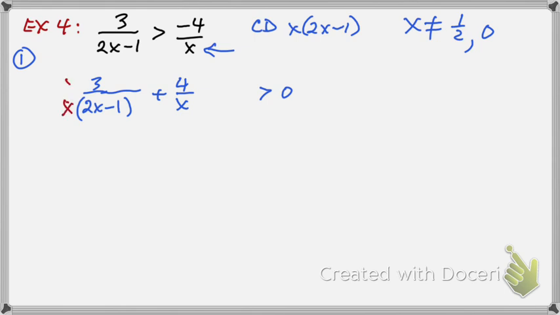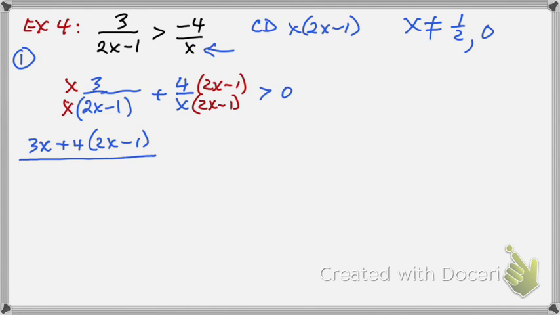So x. And the 4 over the x in the second term there, I need to multiply by 2x minus 1. It's not that it's hard, it's just there's a lot of little details you got to keep up with. Okay, so I've got 3x plus 4 times 2x minus 1. I'm just going to leave this.